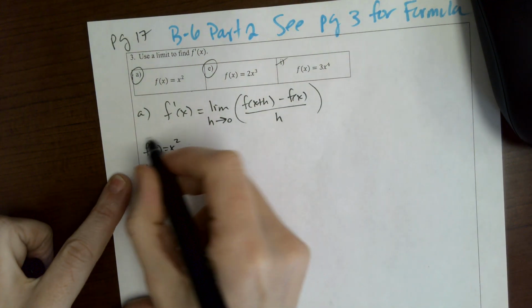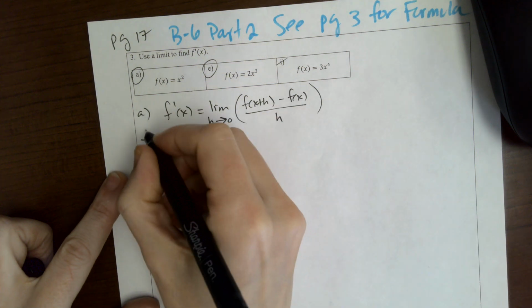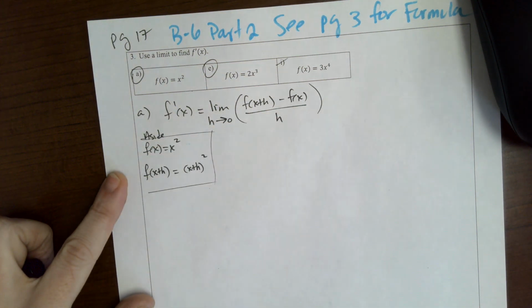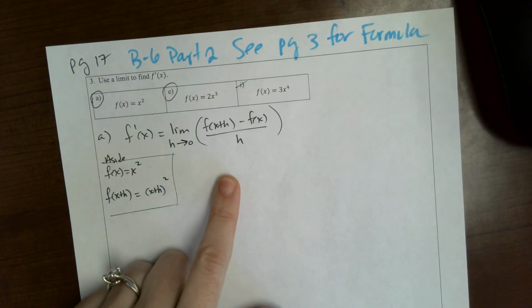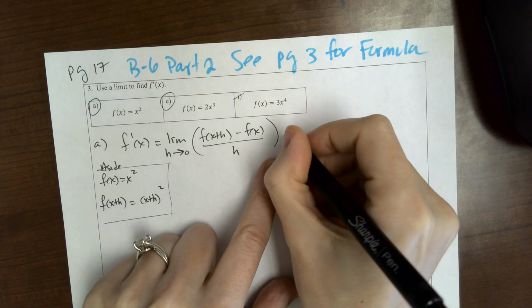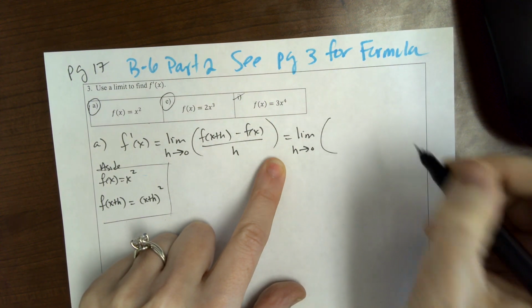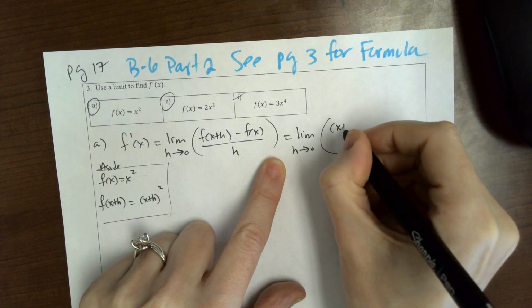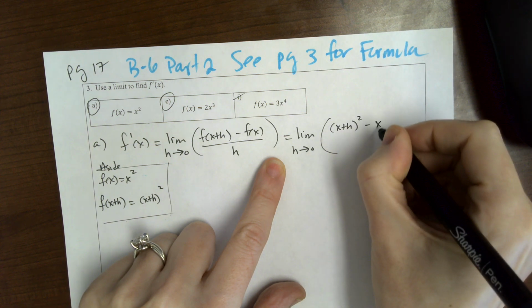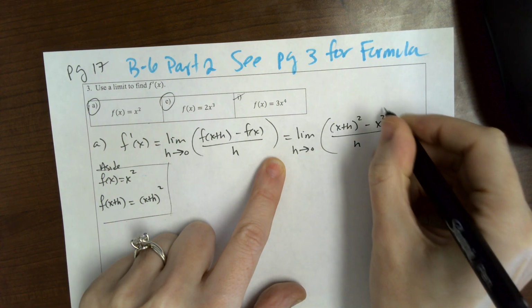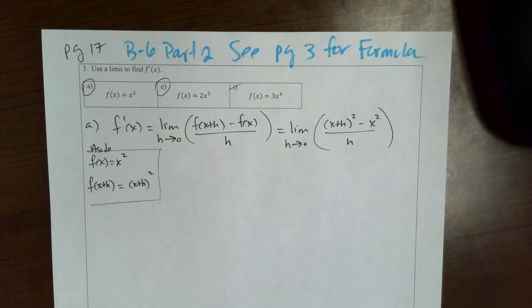If you want, you could just do this little aside. So what we end up getting here is the limit as h approaches 0 of (x plus h) squared minus x squared over h.